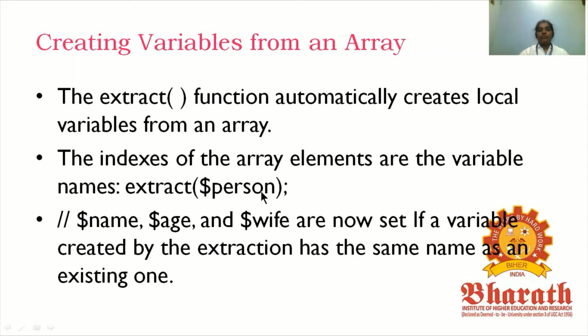See, extract of $person. So see the variable names: name, age, wife. Already we have discussed these 3 variables. So it creates variables from an array. Now, if a variable created by the extraction has the same name as an existing one.